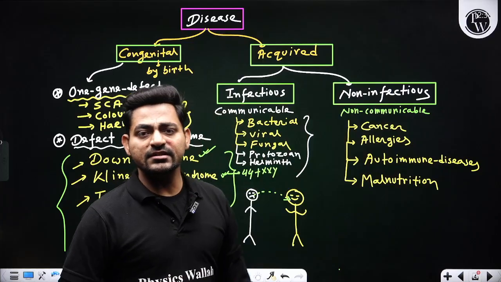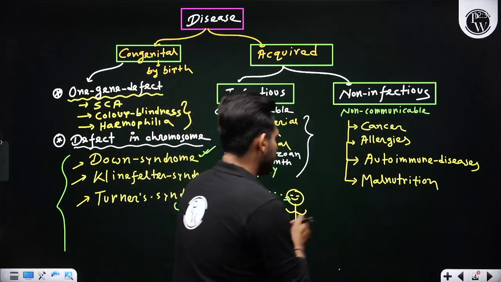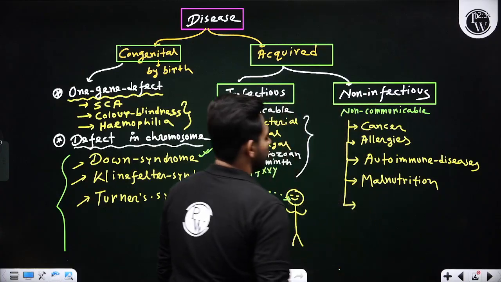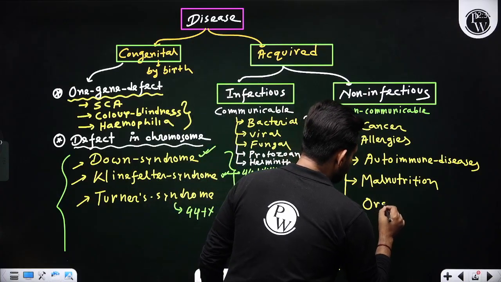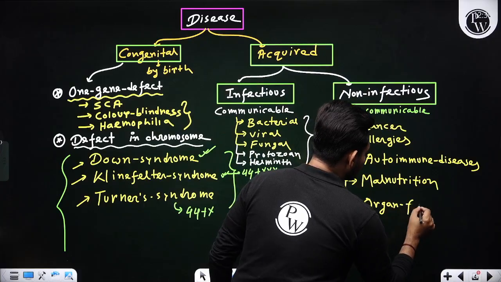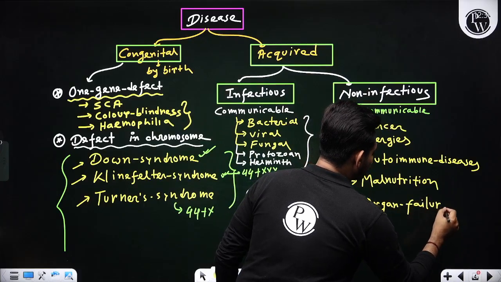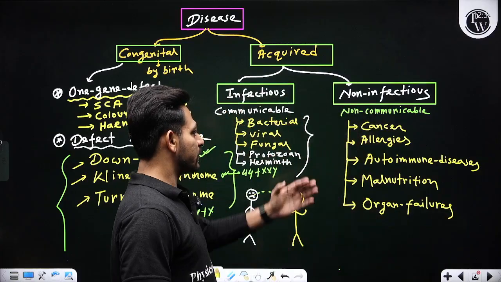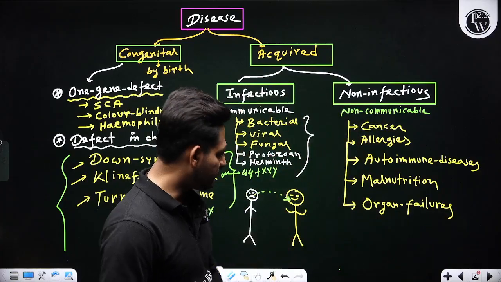Malnutrition means deficiencies of nutrients. Okay. Organ failures also come under non-infectious diseases, right? Okay.